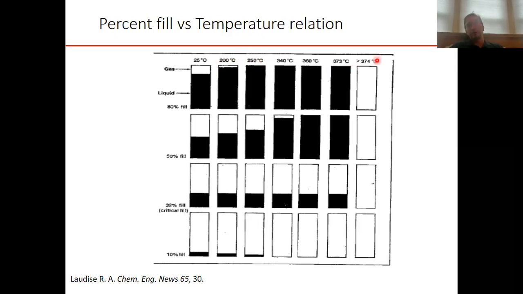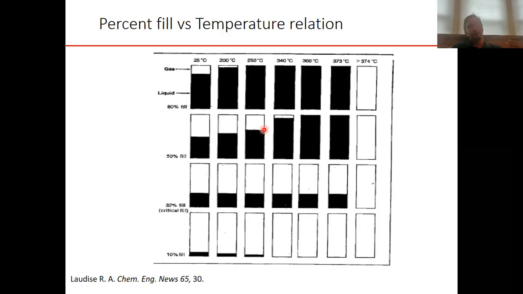So above the supercritical temperature of the water, which is 374 degrees Celsius, our liquid water transforms into the supercritical state. So if we start at 50% fill, we also have thermal expansion of the water, okay?